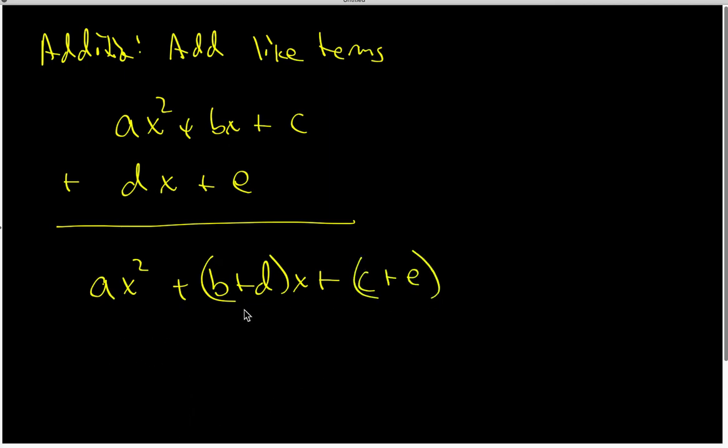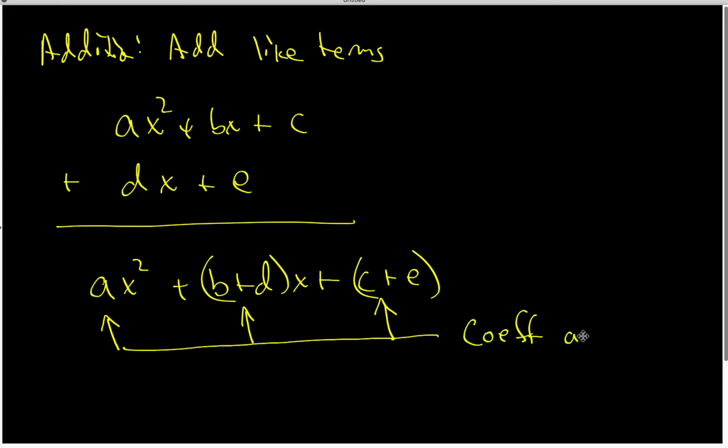And so that would be what adding like terms is. However, it's important to note that whatever arithmetic is being done on the coefficients, the coefficient arithmetic is done inside the ring R.